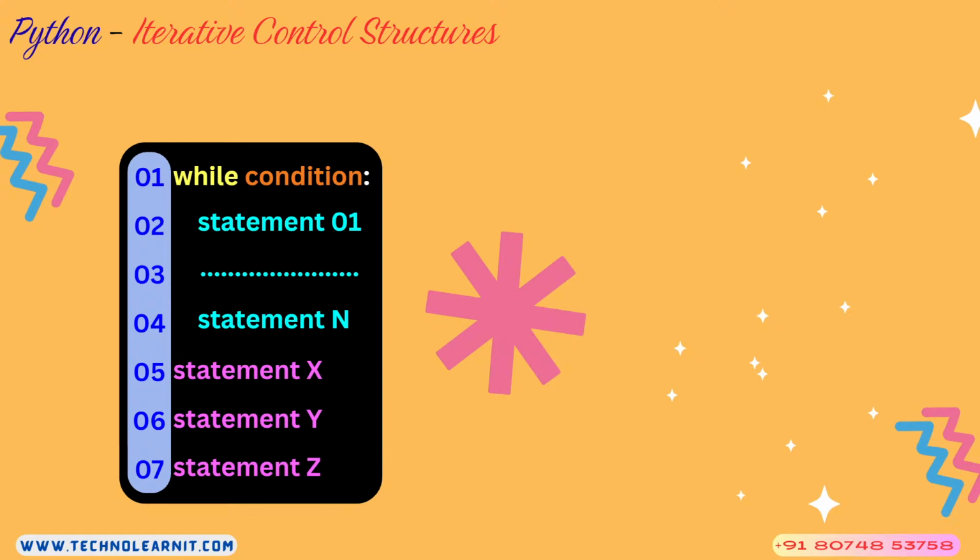Once the condition evaluates to false, it completely skips the body of while and continues to execute the statements x, y, and z in this example. So, whatever statements you keep within the body of while, those are the statements that get executed repeatedly. All right.